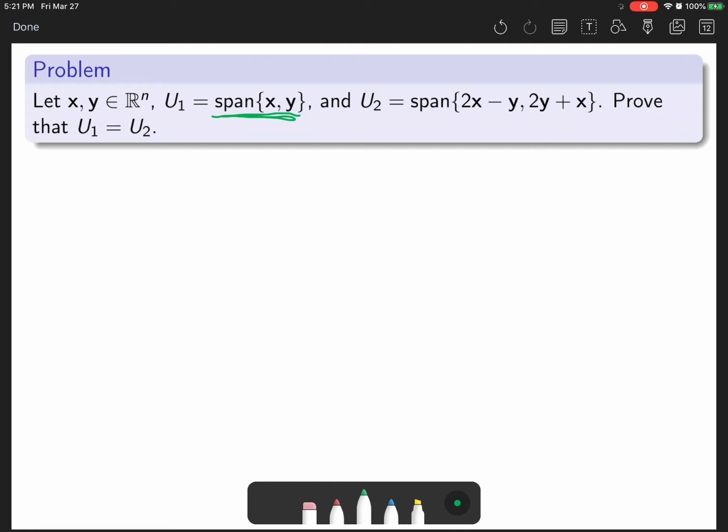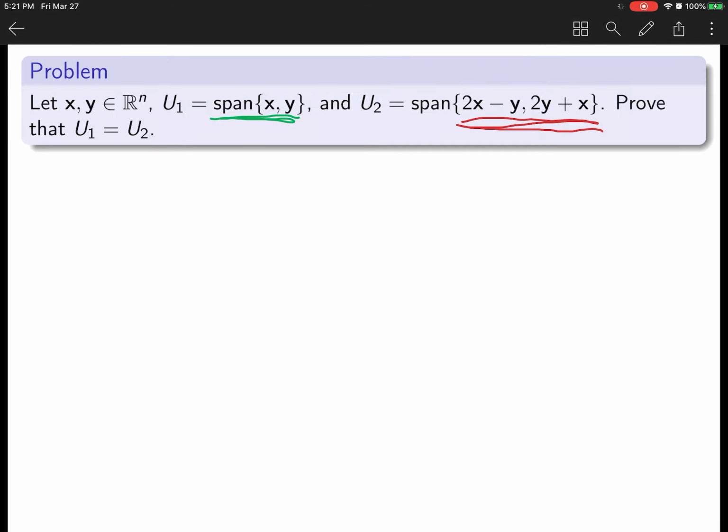And so that space is going to be exactly the same as the space over here where we base our space on linear combinations of X and Y. Same space, because we're both just building off of linear combinations of X and Y.